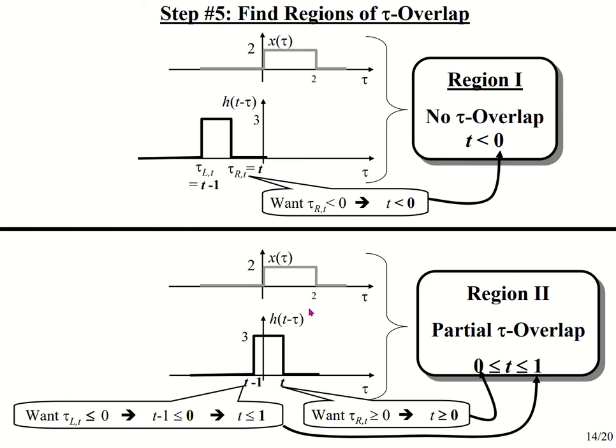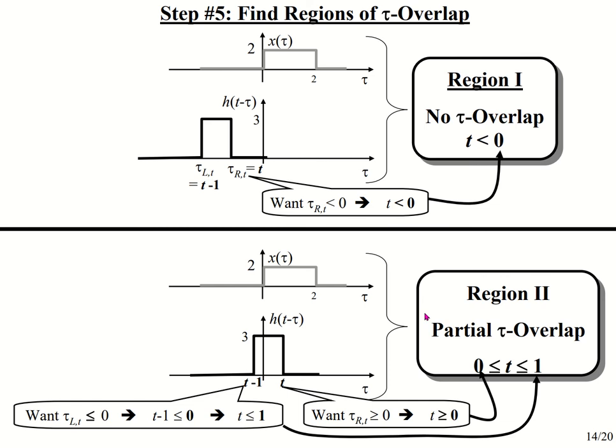Then there is situation 2, when the impulse response h overlaps with x, but not completely. The overlap of the right edge of h has started, and we talk about the duration of overlap when h was sliding towards the right, until the left edge of h came just below the left edge of x.